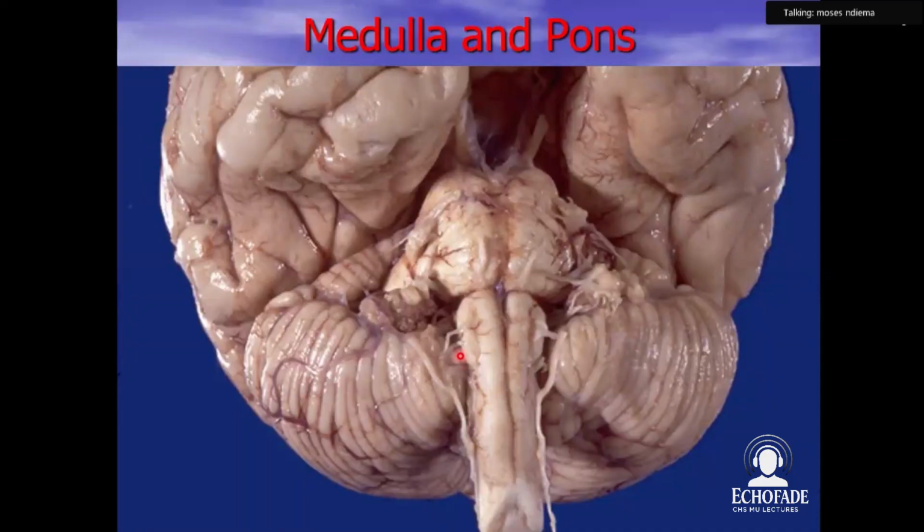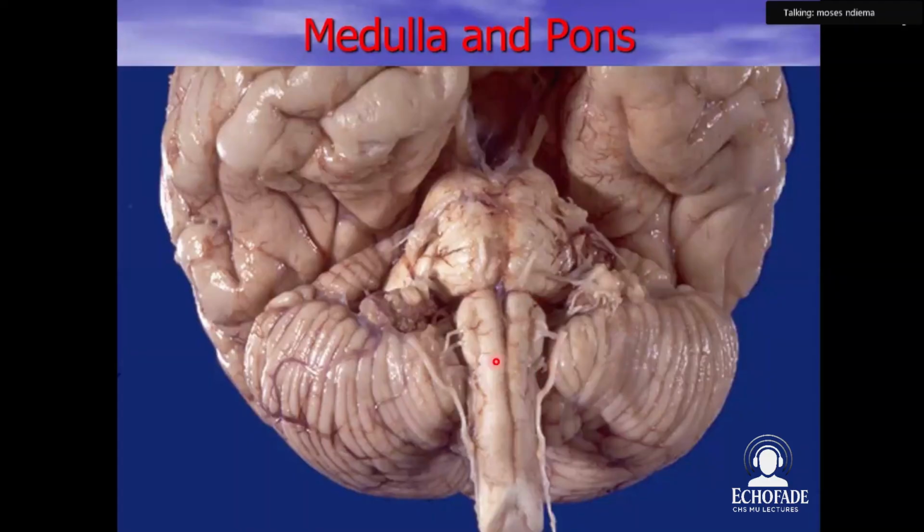These aggregates of cell bodies are where we have the origin of the olivospinal tract. So from the olivary nucleus, axons go to the spinal cord that regulate movement. We also have axons from here going to the cerebellum, because the cerebellum is important for movement.